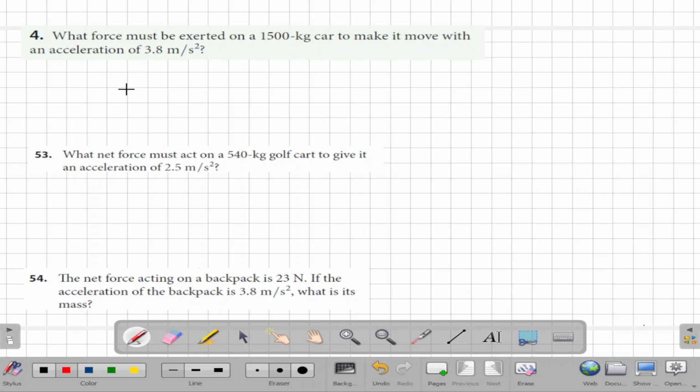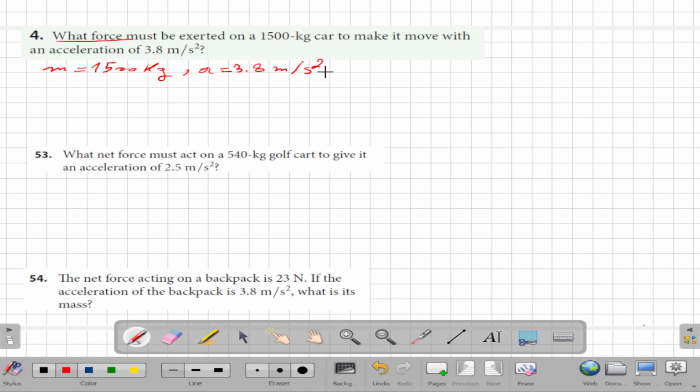Today we are going to solve exercises related to chapter 5, Newton's laws of motion. What force must be exerted on a 1500 kilogram car, so the mass is equal to 1500 kilogram, to make it move with an acceleration of 3.8 meters per second squared, and we need to find what force.